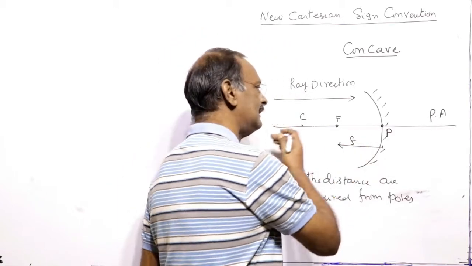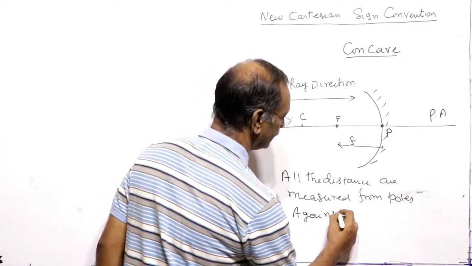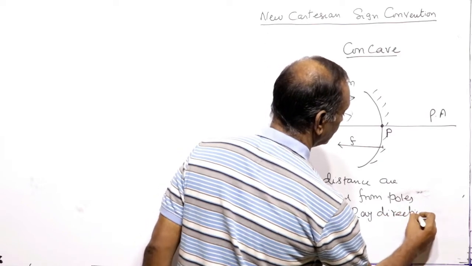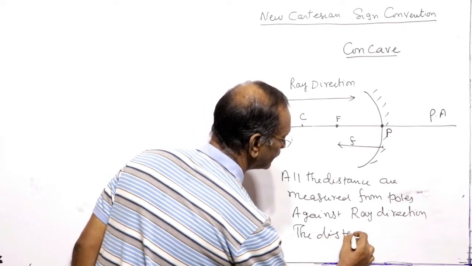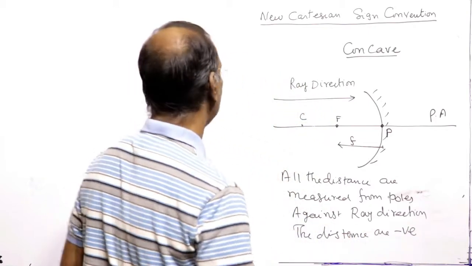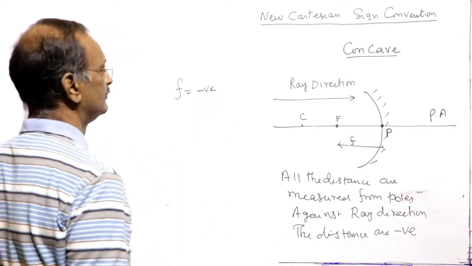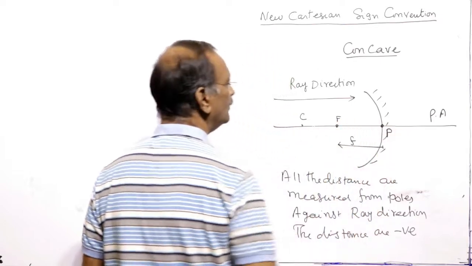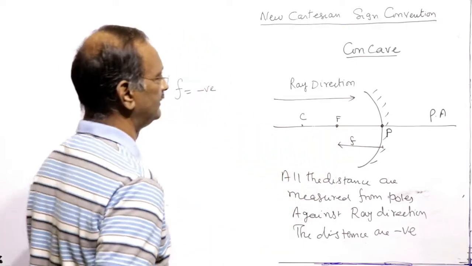We are coming against the ray direction, so the distances are negative. Therefore, f is negative, because we are measuring from the pole to here, coming against the ray direction. So this distance is a negative distance.